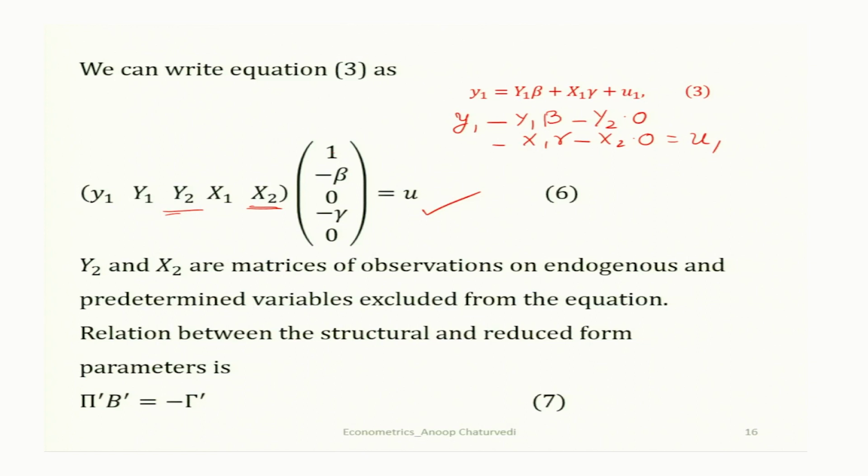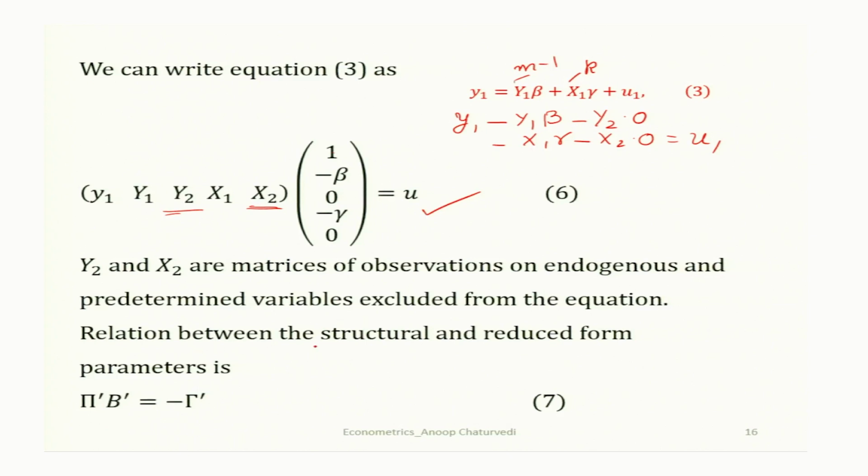The first equation includes, say, this small y 1 and the endogenous variables contained in capital Y 1. You have small m minus 1 endogenous variables contained in capital Y 1, and then you have small k predetermined variables contained in X 1.